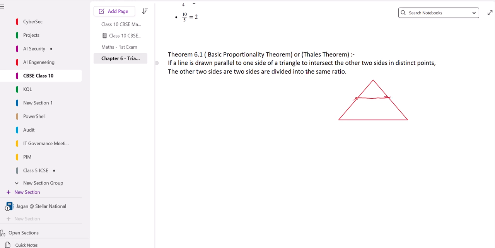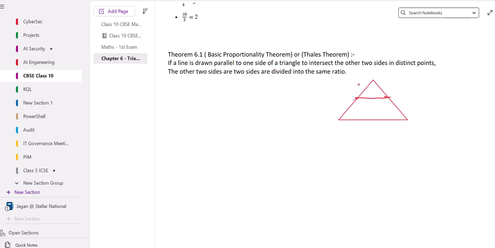Okay, so then the other two sides are divided into the same ratio. So these two sides, this is one side, this is one side, are divided in the same ratio. That means this particular line and this particular line are divided in the same ratio.